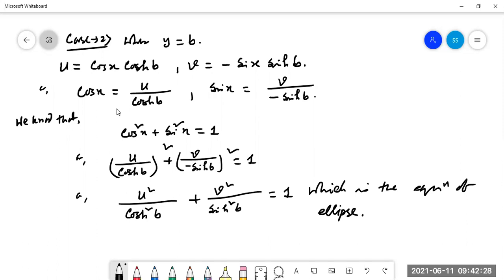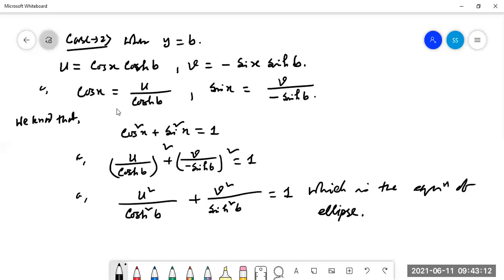So when we take y equal to constant, that is a straight line which is parallel to the x-axis in the z plane, then after transformation it gives an ellipse. But when we take the straight line x equal to constant, then it gave a hyperbola. Both were straight lines in the z plane.